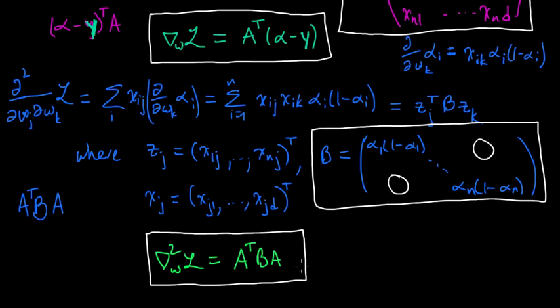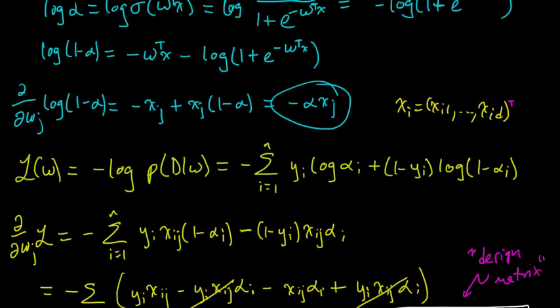And now I claimed before that that Hessian was going to be positive semi-definite, so let's just see why that is. Well, the diagonal entries of this B are these alpha times 1 minus alpha quantities.